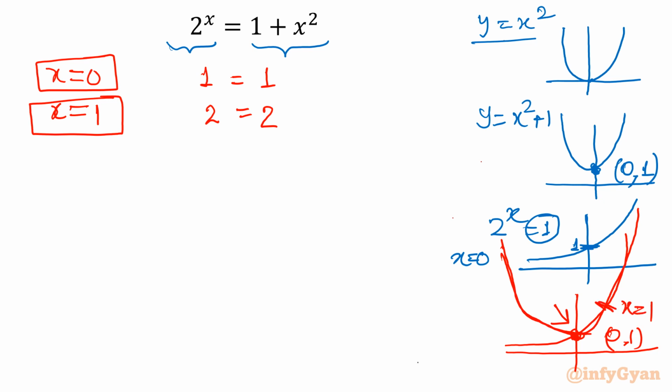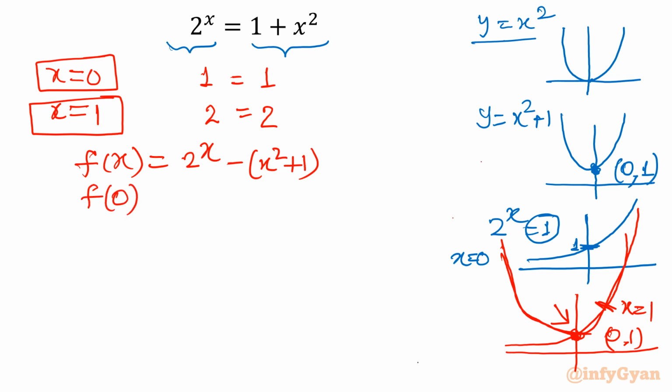Let me show you. Let me consider f(x) equal to 2 raised to the power x minus x square minus 1. Now put x equal to 0: it would be 1 minus 1, which is exactly 0. So the conclusion is x equal to 0 is one solution.